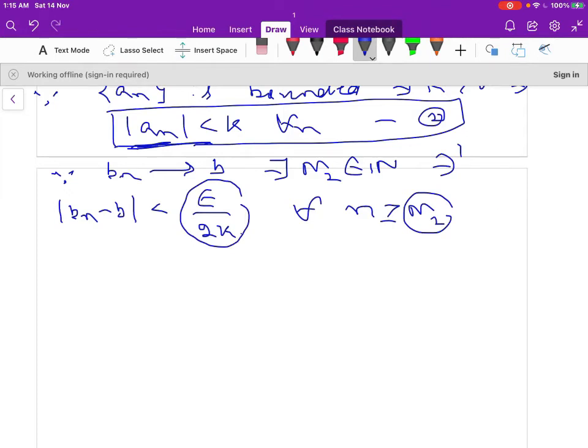So N2 depends on epsilon by 2k. That is equation 3.